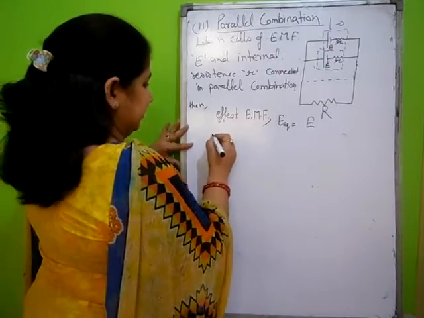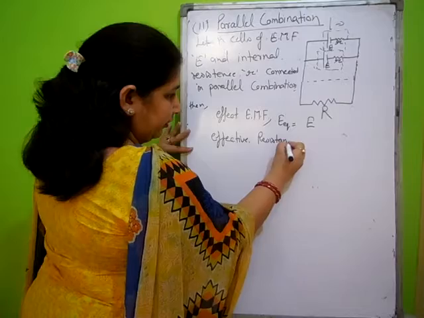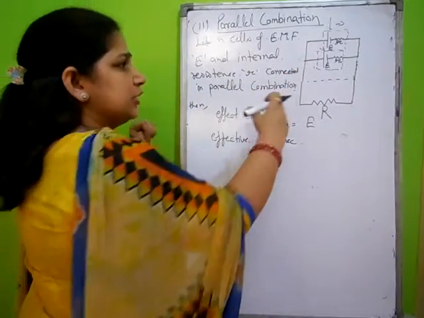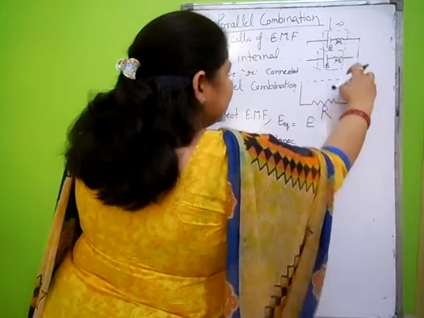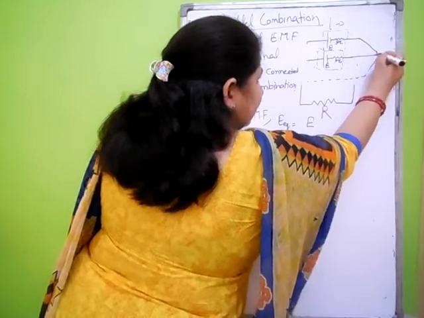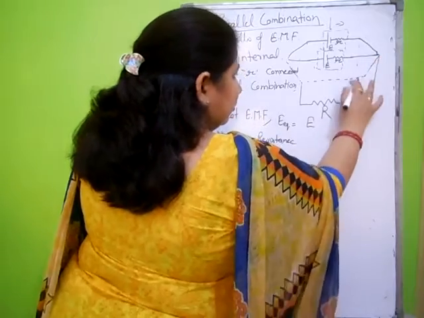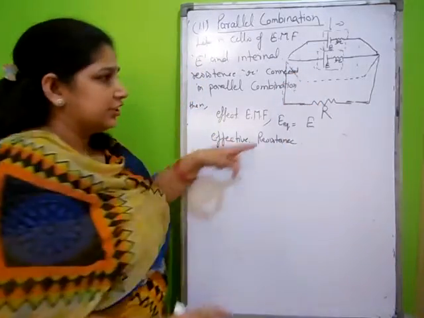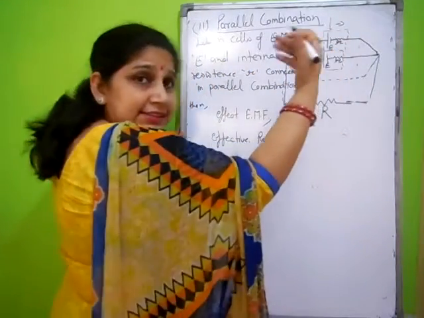Now, effective resistance. Listen, the charge which is flowing through the capital R resistor is divided into N arms, N sides.